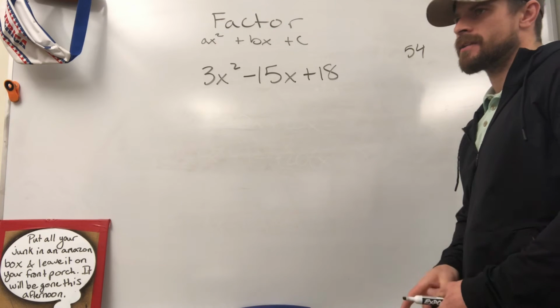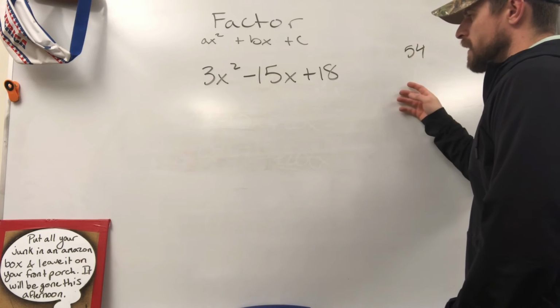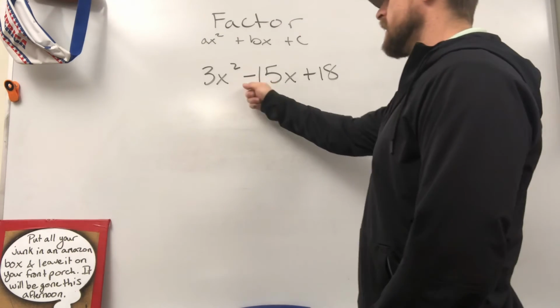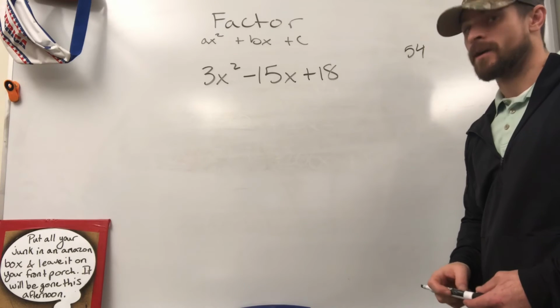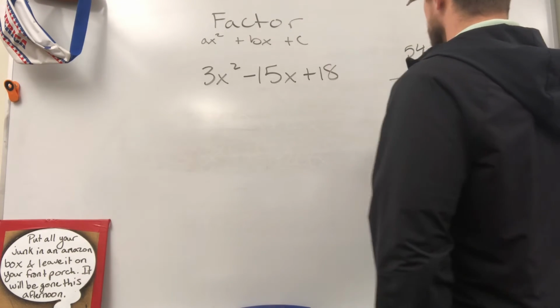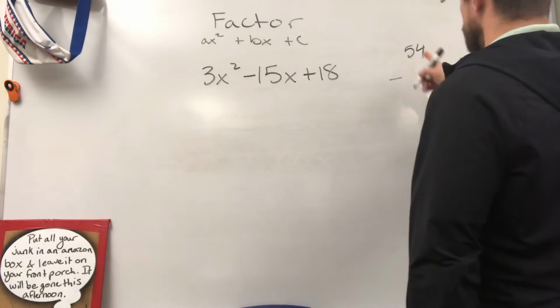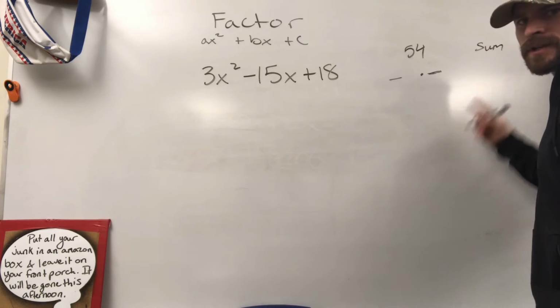Multiply two numbers together, get positive 54. But when I add them up, I get negative 15. Hopefully what you're thinking right now is a negative times another negative. Two negatives multiply together to make a positive, but when we add them up, we're going to get a negative value over here for the sum.